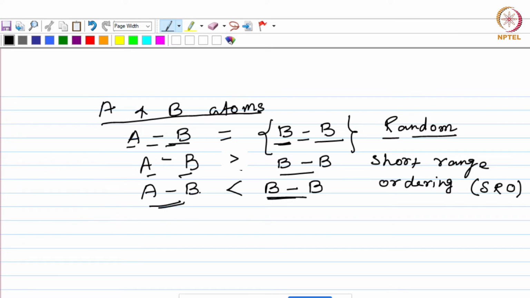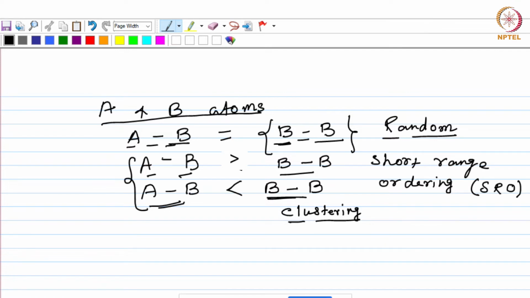Okay, so if that happens, then this is known as clustering. So these two phenomena are opposite to each other.